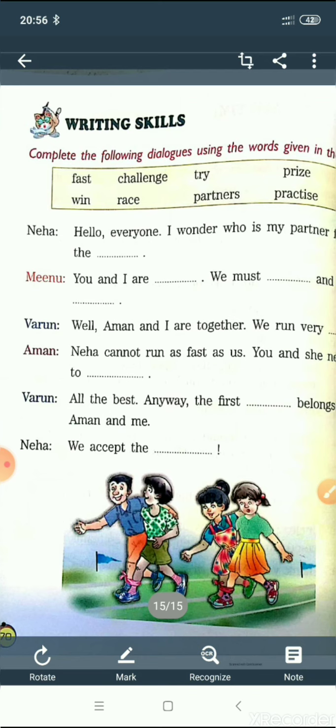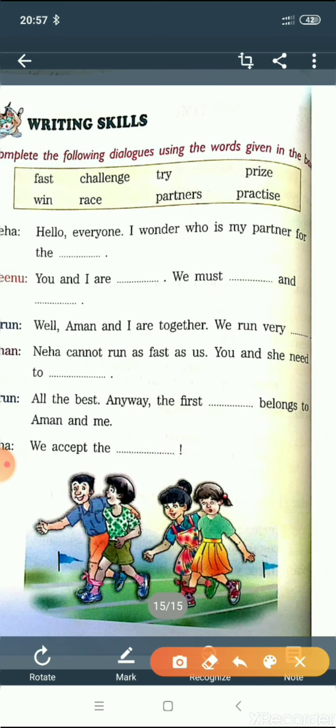First, Neha is saying, hello everyone. I wonder who is my partner in the blank. So children, the word is race. Who is my partner in the race? We will write here race.